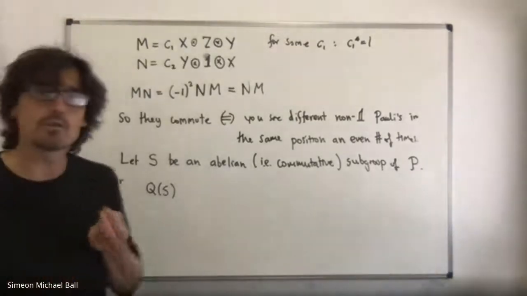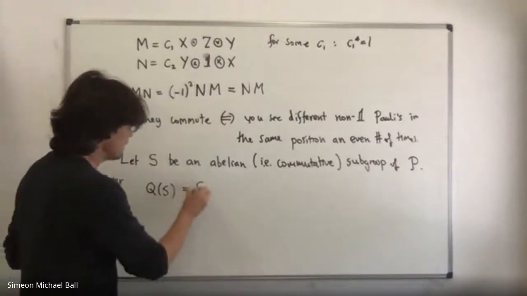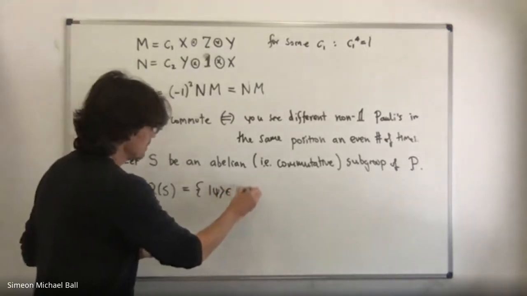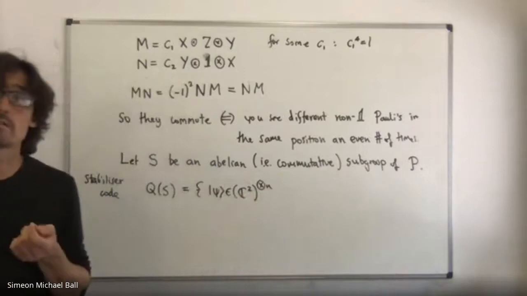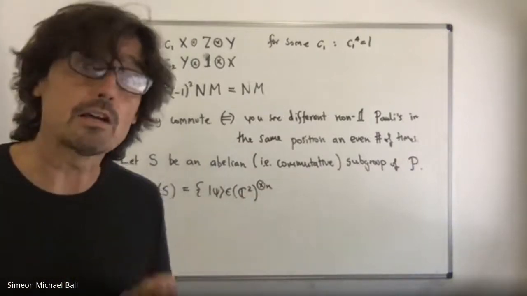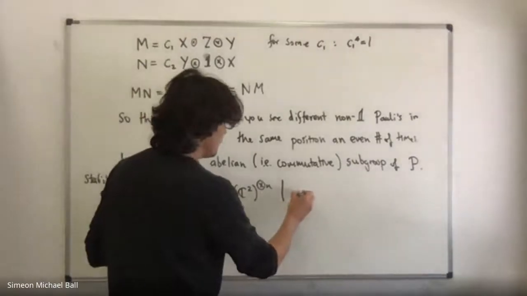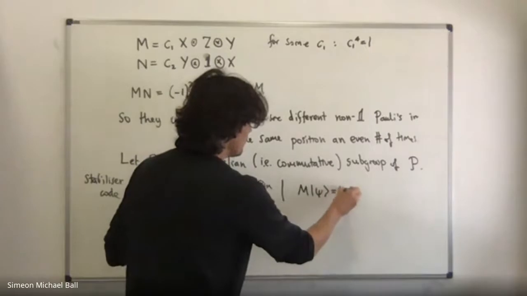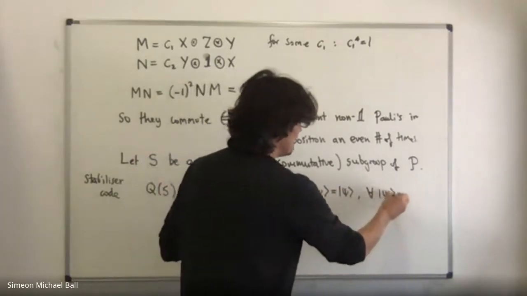Remember, our code is simply a subspace of our Hilbert space. So this is going to be the set of states in our Hilbert space, such that N times the state equals the state, for all N in S.